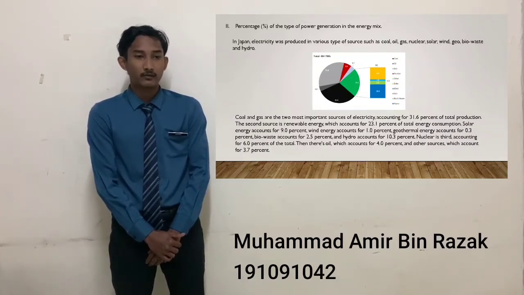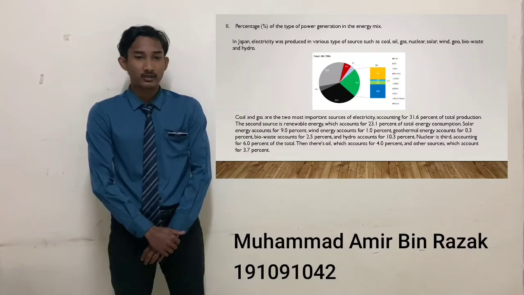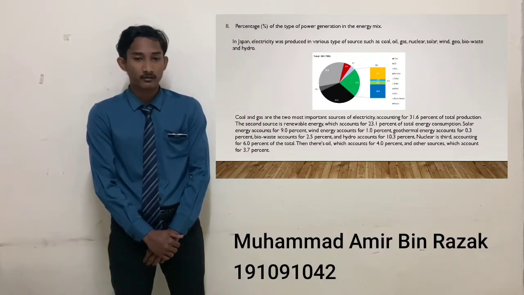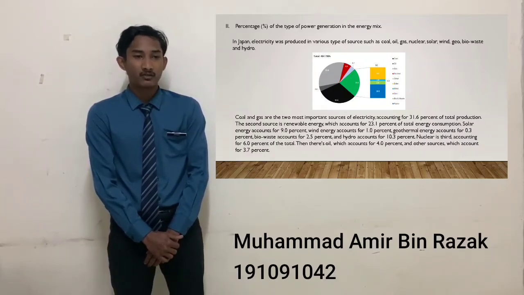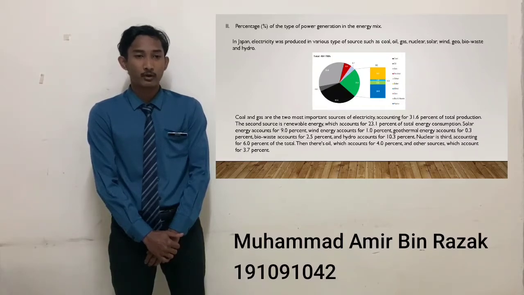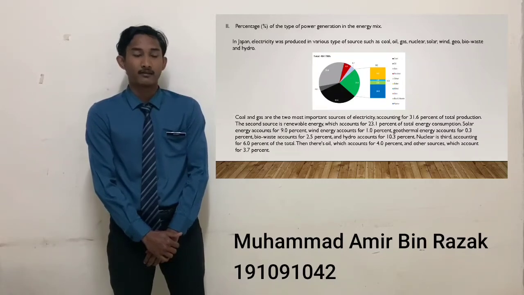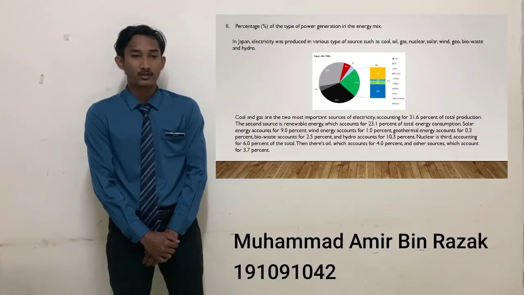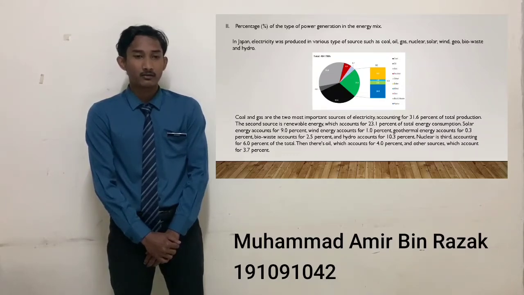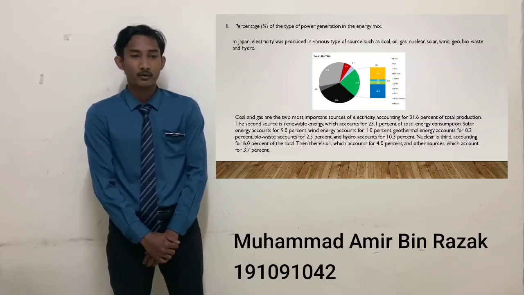Solar energy accounts for 9.0%. Wind energy accounts for 1.0%. Geothermal energy accounts for 0.3%. Bio-waste accounts for 2.5% and hydro accounts for 10.3%. Nuclear is third, accounting for 6.0% of the total. Then there are oil, which accounts for 4.0%, and other sources which account for 3.7%.